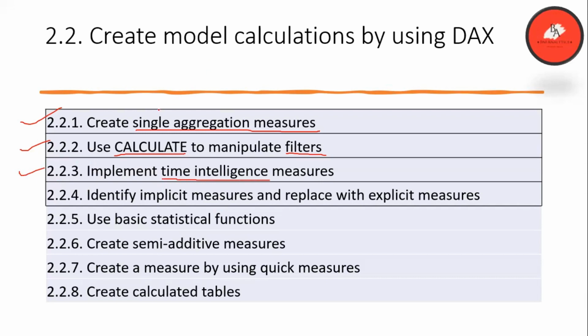As you can see, single aggregation and CALCULATE can help to filter things, and then time intelligence is there. Then we have implicit measures and explicit measures. What are implicit and explicit measures? We will look into it.